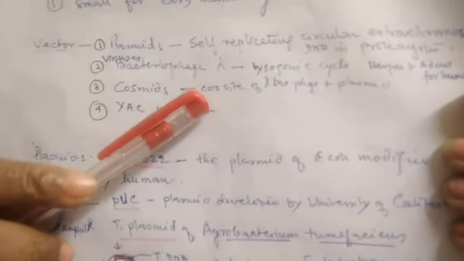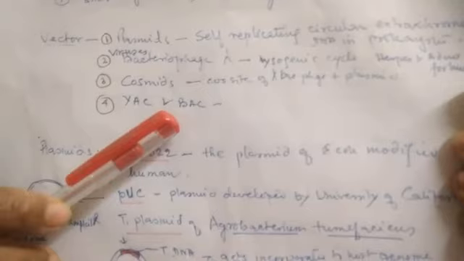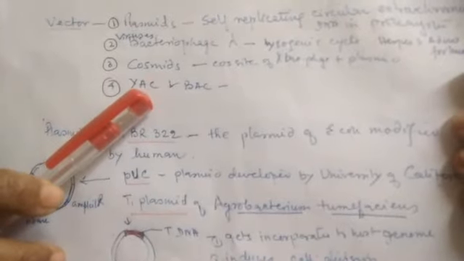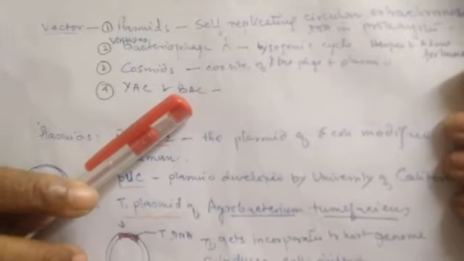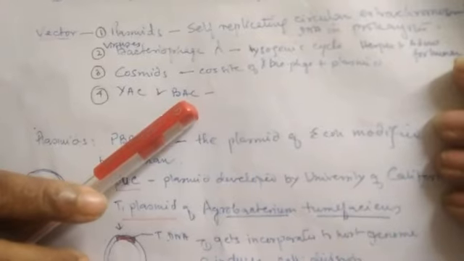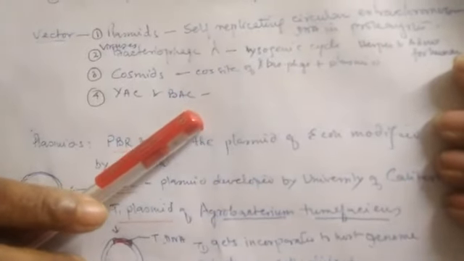Next are the cosmids. These are plasmids where the cos sites from the lambda vectors have been introduced. These are very useful for transferring larger DNA fragments. Another one is the artificial chromosome. Yeast artificial chromosomes and bacterial artificial chromosomes are introduced in yeast or bacteria with our gene of interest, and when these chromosomes multiply, our gene of interest also multiplies and we can get the desired products.